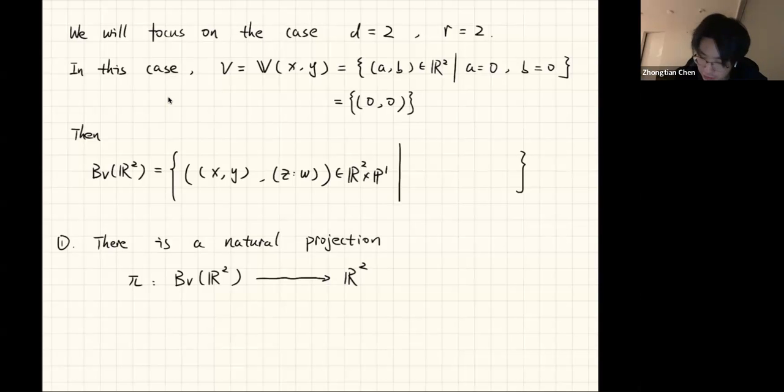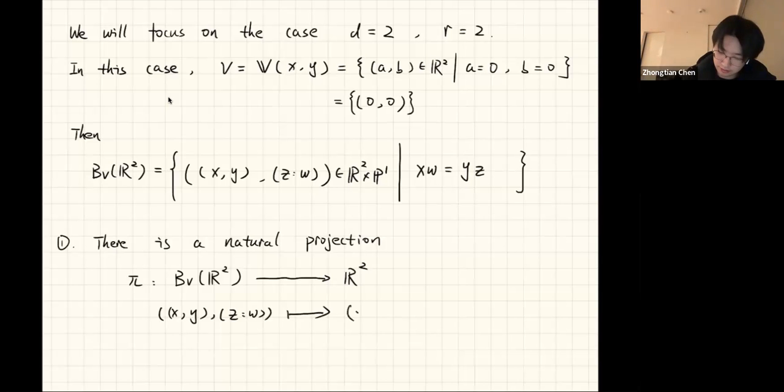The defining equation will be X times W equal to Y times Z. Now we take this as our definition of blow up. We notice that there is a natural projection, because this thing sits inside the product space. We can just take a point in the blow up and read its first coordinate, which will be a point in R^2.